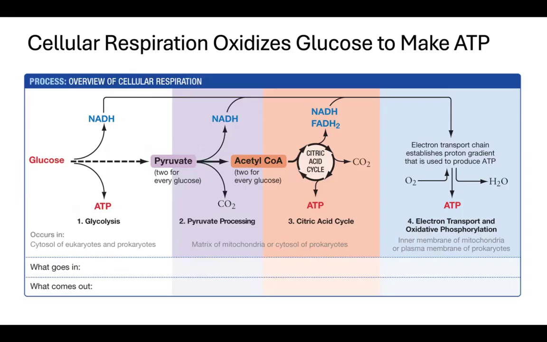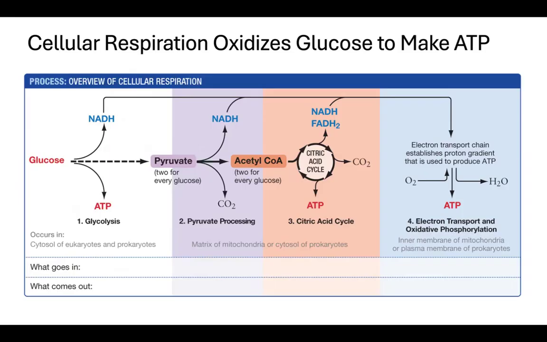That will then go into the citric acid cycle, also known as the Krebs cycle. And we're going to see how after that, we're going to use some of our products to run the electron transport chain and give us back far more ATPs than we put in.